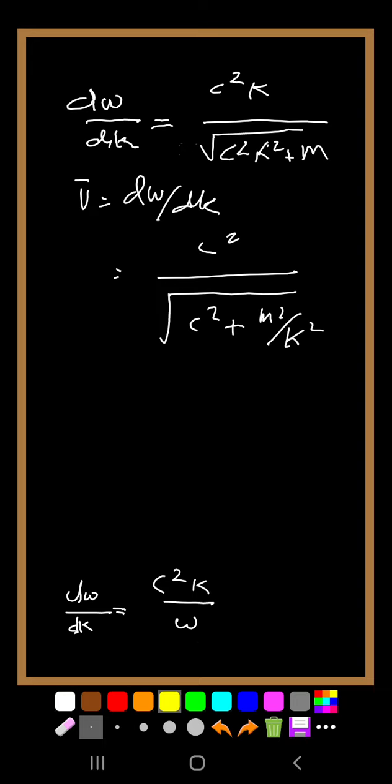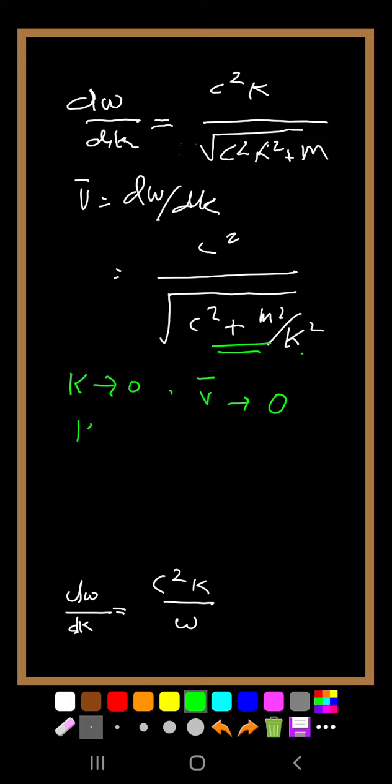So we can see that in this case, when k tends to 0, then automatically this whole denominator becomes infinity, and velocity tends to 0.